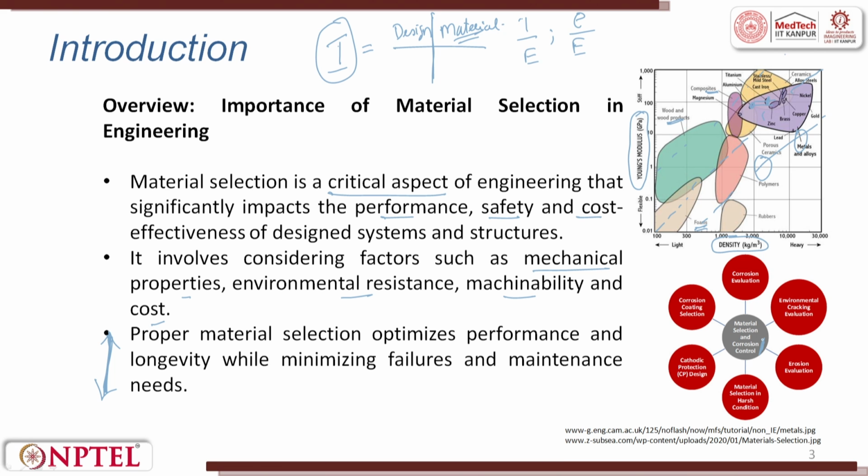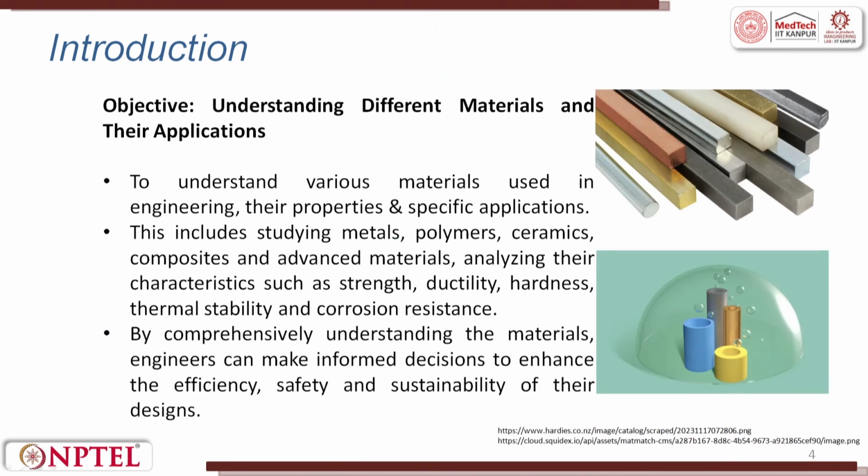You cannot have a material which is non-corrosive, but they will always try to counter it or mitigate it by reducing it. So, how do they do it? They try to have cathodic protection, they try proper coating also, for example, painting which is polymer mixed, all these things they try, right. So, all these factors are looked at only for corrosion. These conditions will be looked at to choose a proper material.